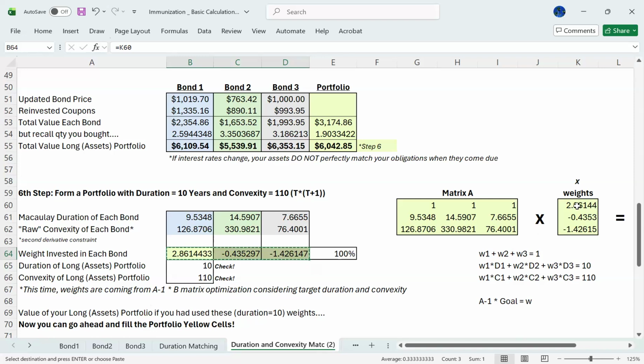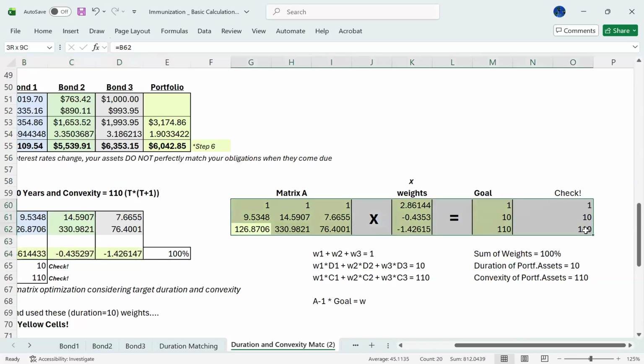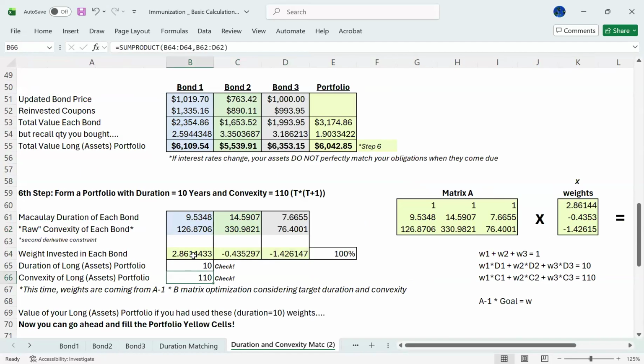These are right now coming from the matrix optimization problem we solved. In that problem, the third equation requires the convexity to be 110, which is the convexity of liabilities, and we get it. The convexity of our portfolio of three bonds is 110.